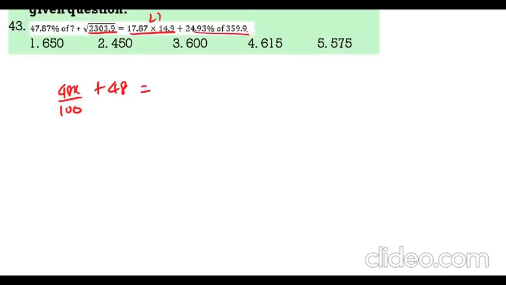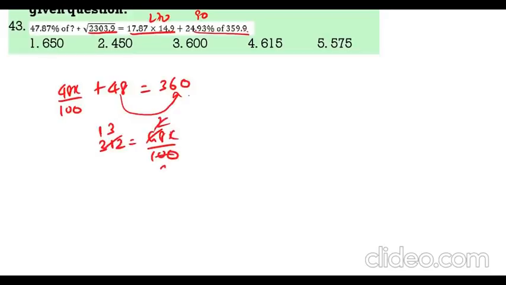This is 270, this is 90. Totally 360. Now 48, if it goes to the other side, becomes minus. So 312 is equal to 48x by 100. X value is 650.